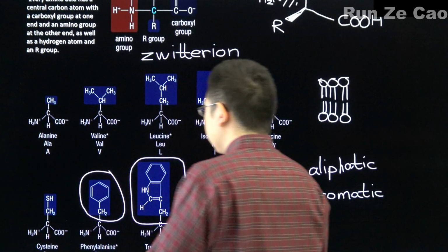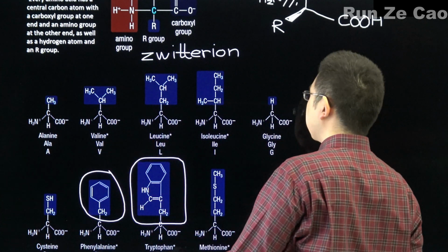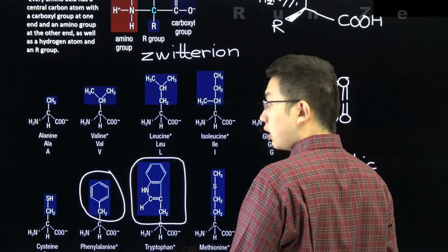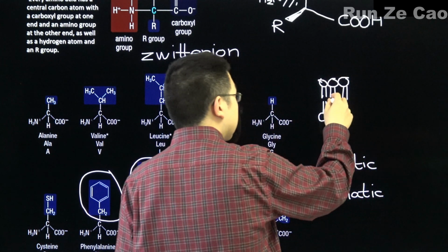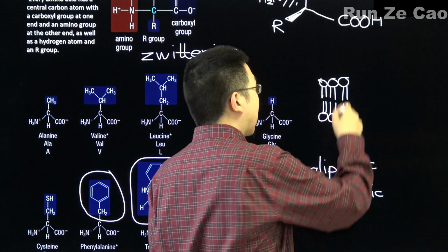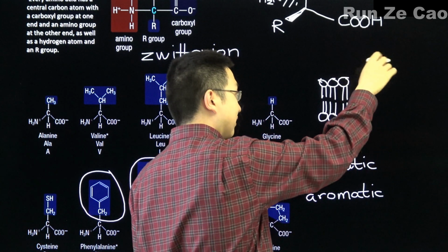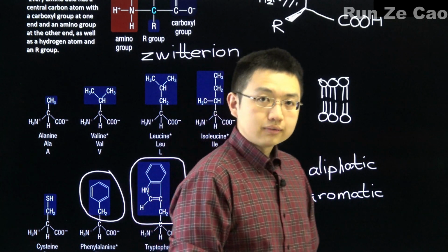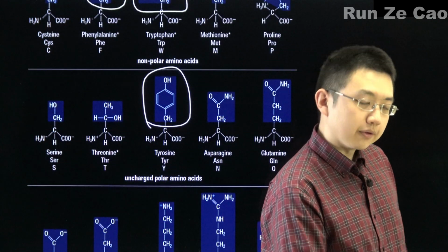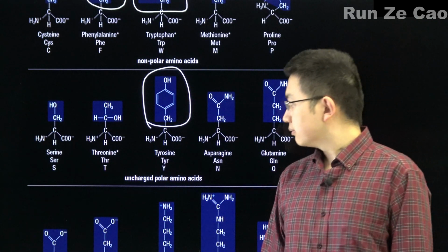So you're going to want these aliphatic, or aromatic, but regardless, non-polar amino acids sticking out in this area, while you have your hydrophilic amino acids elsewhere. So non-polar, we might as well just label this hydrophobic.